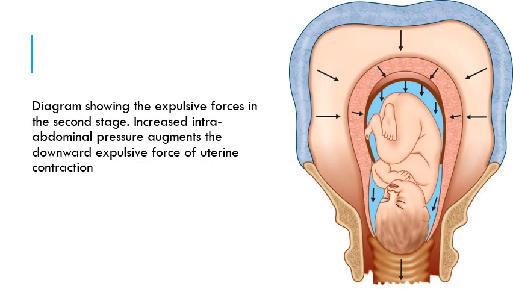This diagram shows the expulsive forces in the second stage. So we can say that the increased intra-abdominal pressure augments the downward expulsive force of uterine contraction.